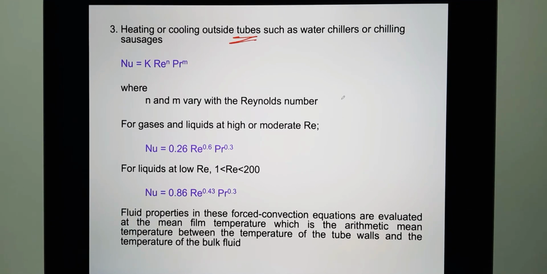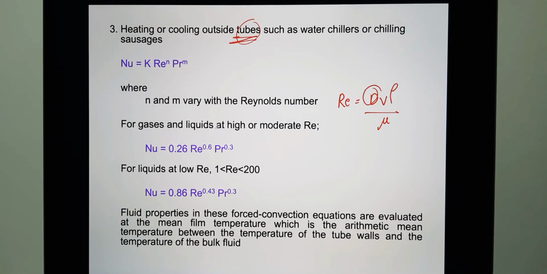For this one again, you are going to use the equation Reynolds equals dv rho over mu. We are talking about tubes, then for tubes, you have the diameter.